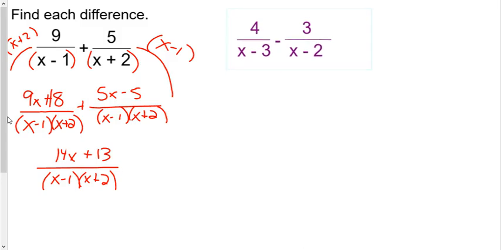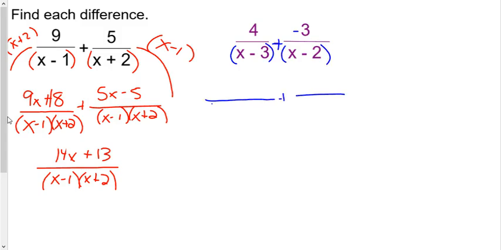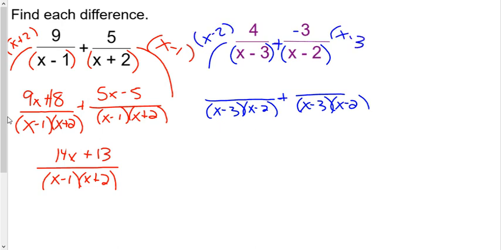And our last problem, again, subtracting, make it plus the opposite. Our common denominator is (x minus 3) times (x minus 2). Multiply the left side by x minus 2, multiply the right side by x minus 3.